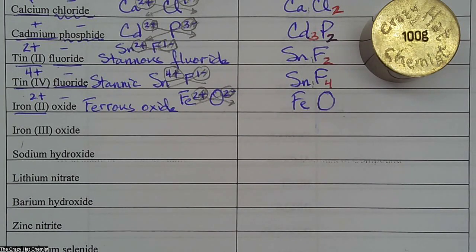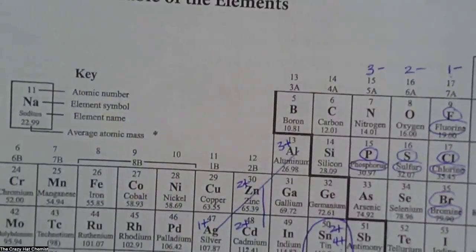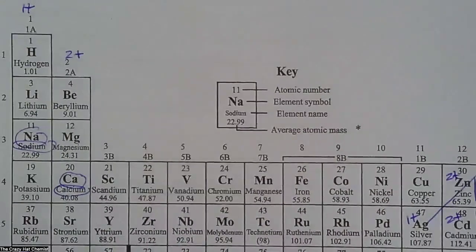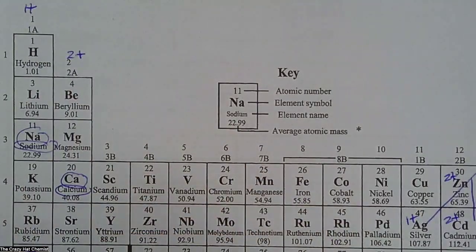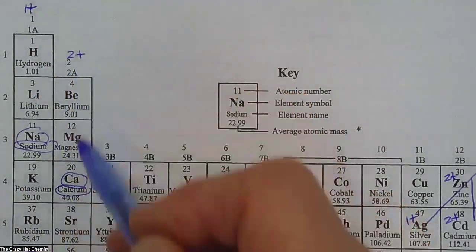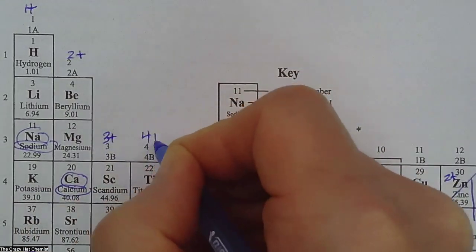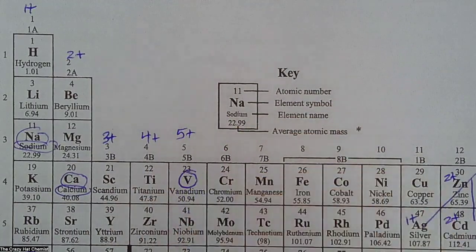All right. I'm going to do one more thing here, and that is show you that the transition metal cation of iron does have 2 different charges. So there are some periodic trends here, and I'll go over them. This is a 1 plus for this column here, 2 plus for this column, 3 plus for this column, 4 plus for this column, a 5 plus for this column, and look, there's a Roman numeral 5.